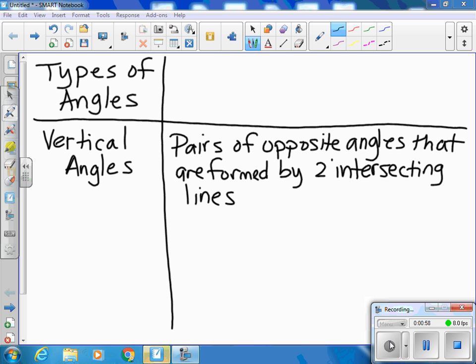Okay, and when you have those 2 angles that make up a pair, they are always equal. So vertical angles are congruent. And remember, congruent is another word for saying equal.